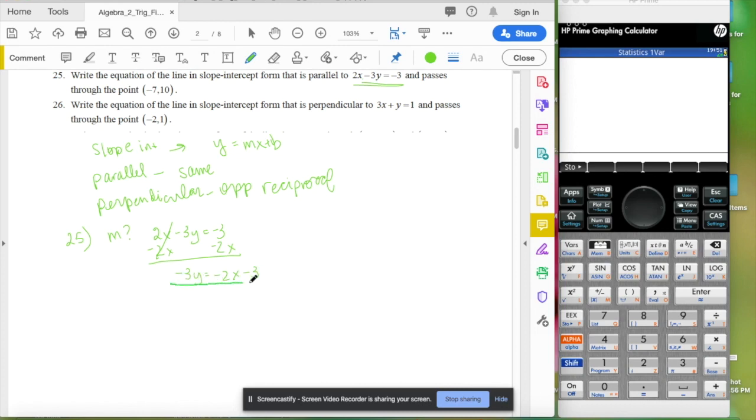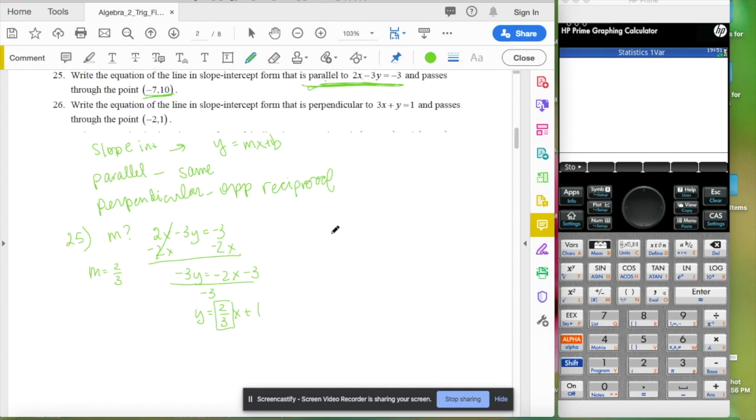Then we divide everybody by -3, and we get y equals positive 2/3 x plus 1. Remember, we want a line parallel to this line, so all we really care about is this slope.